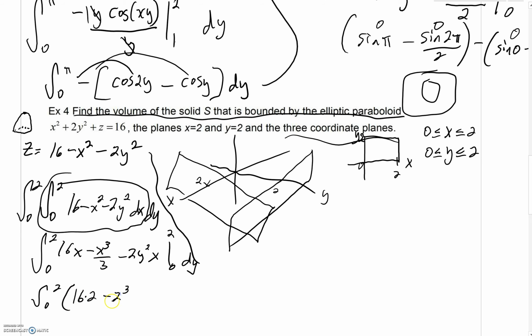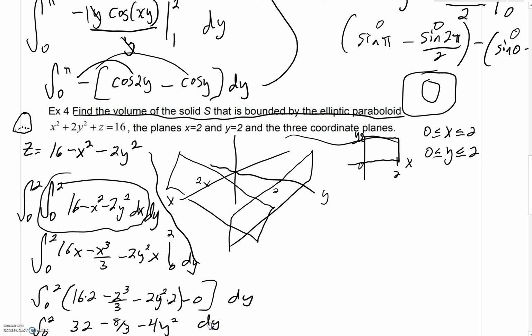This is 2 cubed, which is an 8 all over a 3. And then we'd have 2y squared times a 2. But when you plug in your x values of 0, of course, you're going to see every term there collapses. So this is going to be a 32 minus 8 thirds minus a 4y squared.